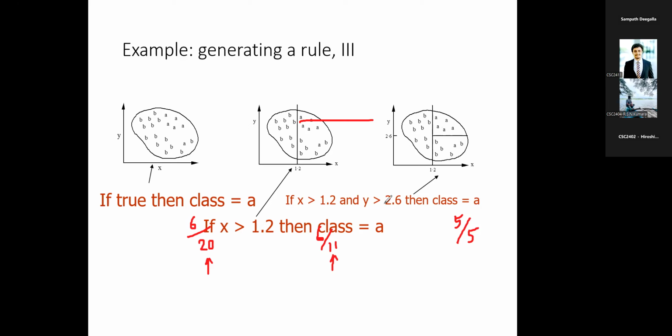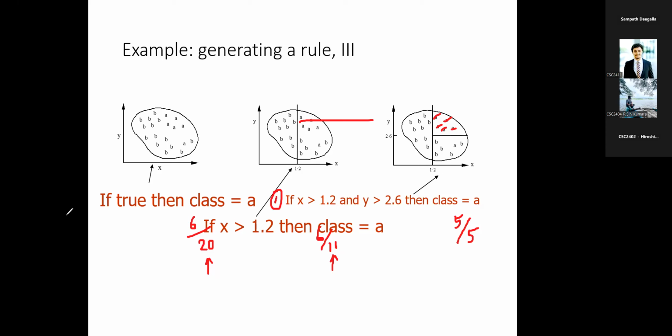So what happens is we have found our first rule. We can remove those instances from the data and then repeat the process so that you can find a rule to cover the remaining instances. That's for A. Then you go for B as well. So for each class, you repeat this, and that's what we do in the covering algorithm.